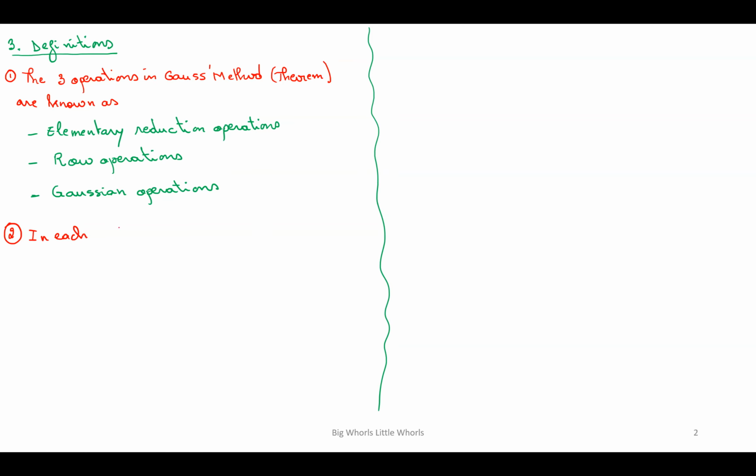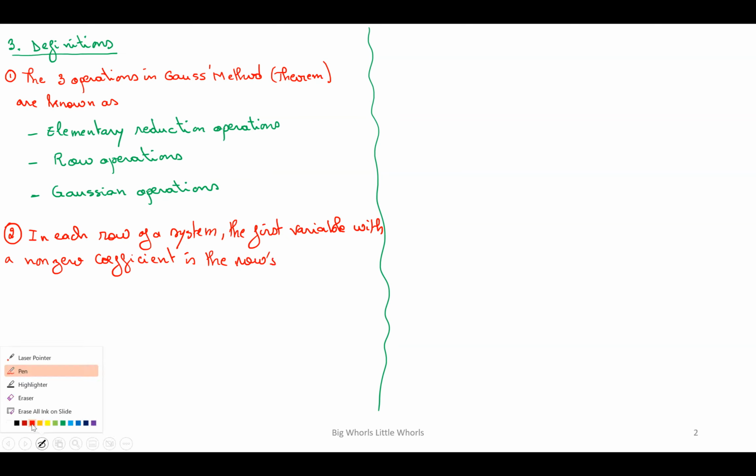In each row of a system, the first variable with a non-zero coefficient is known as the row's leading variable.